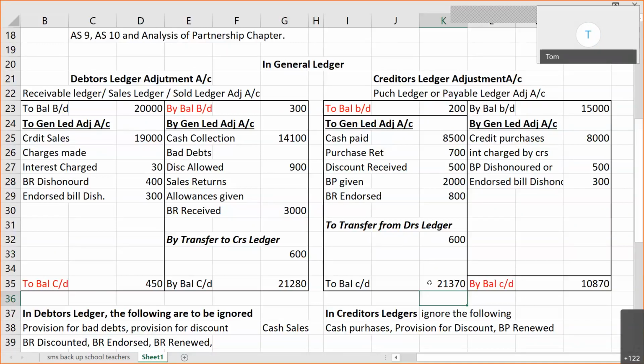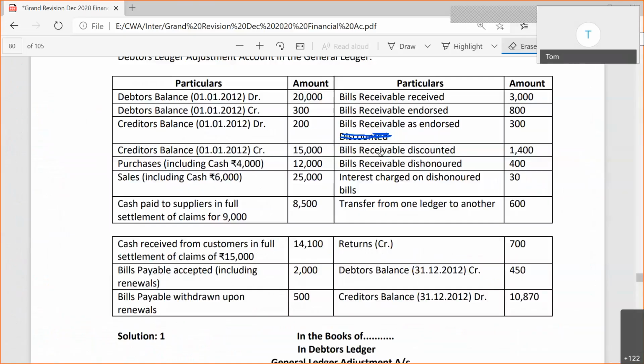Sir, bills payable withdrawn as renewed, sir. Why did we take this? That 500 rupees, sir.